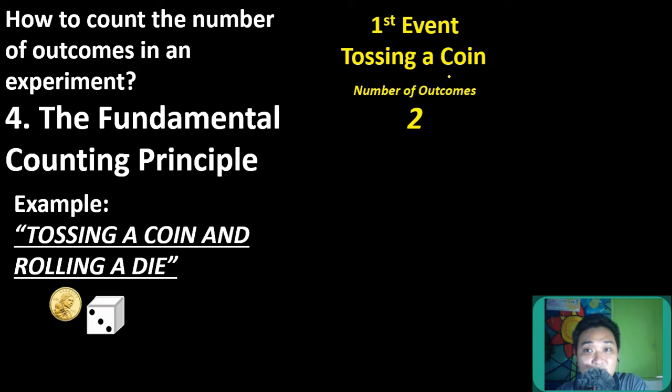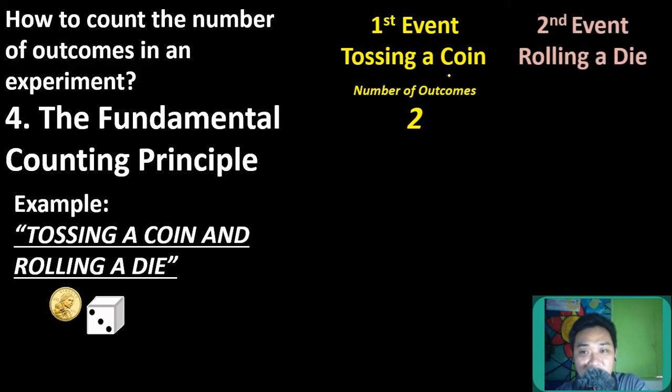That is head and tail, right? And on our second event, we are going to roll a die, wherein we have 6 possible outcomes. Kasi 'di ba yung die meron niyang mga numbers from 1, 2, 3, 4, 5 and 6.